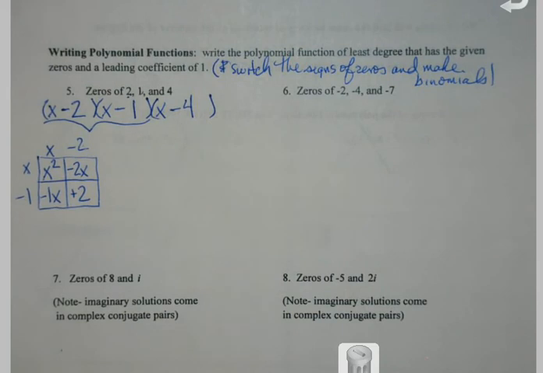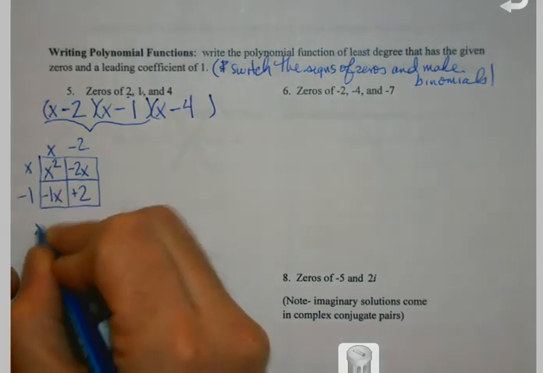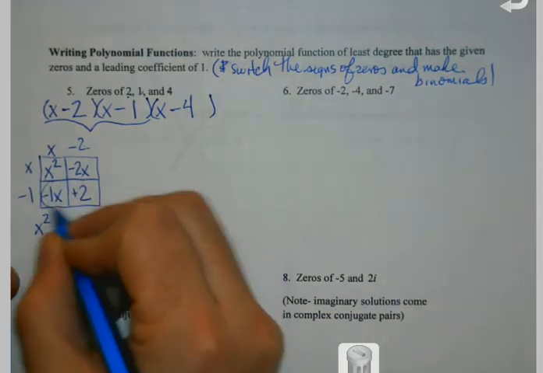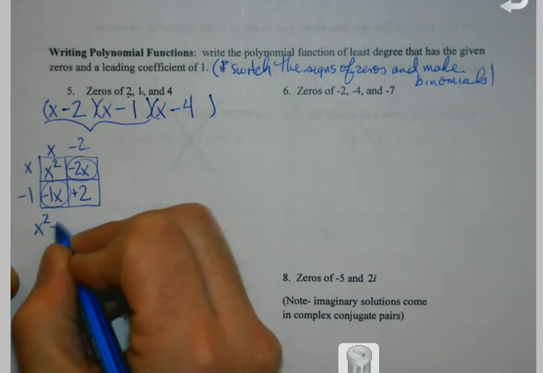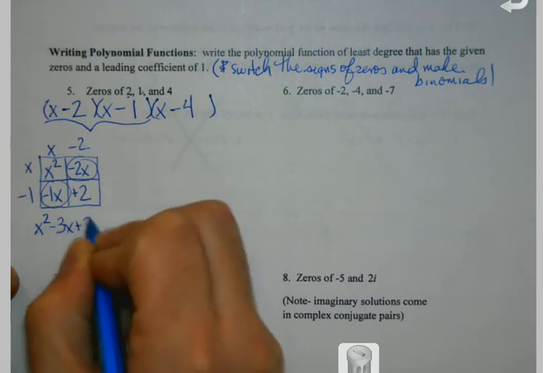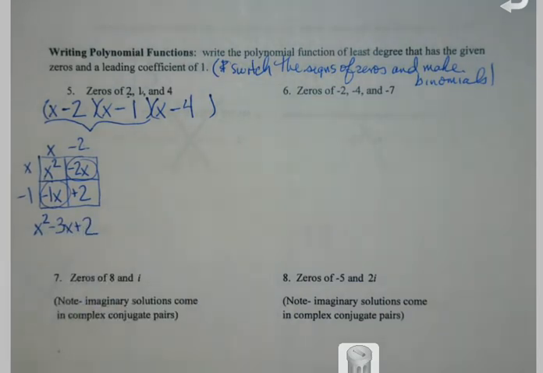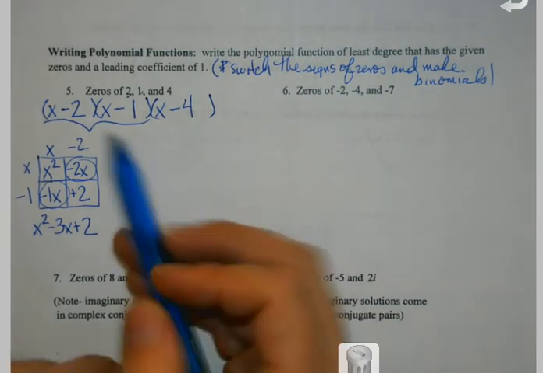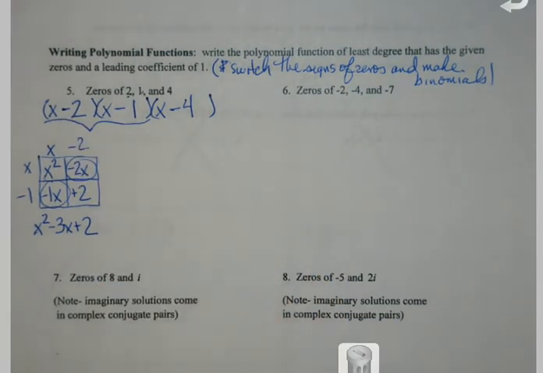And once I've multiplied to fill the box, then I'm going to go ahead, I'm going to start with my largest degree, and I'm going to work my way through and combine like terms. Now again, that's not the final answer, because that only takes into consideration these first 2.